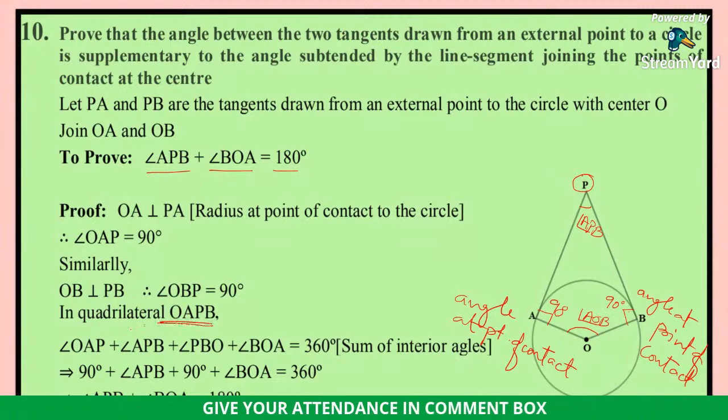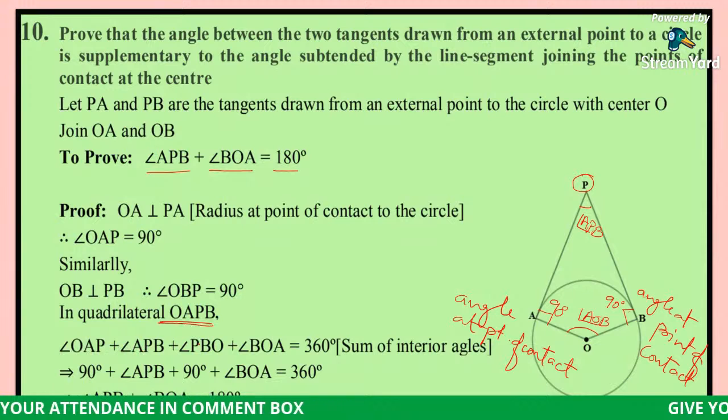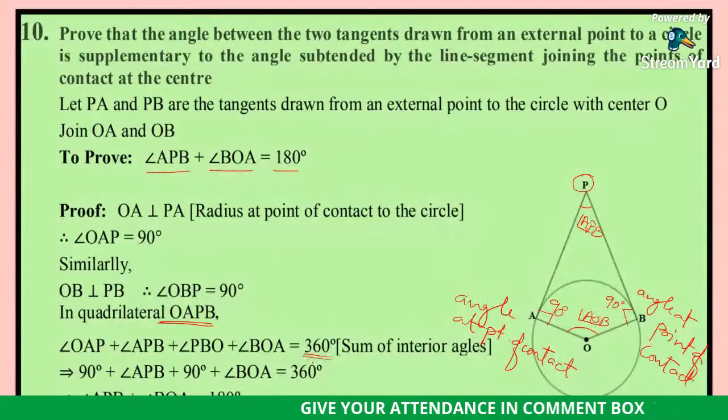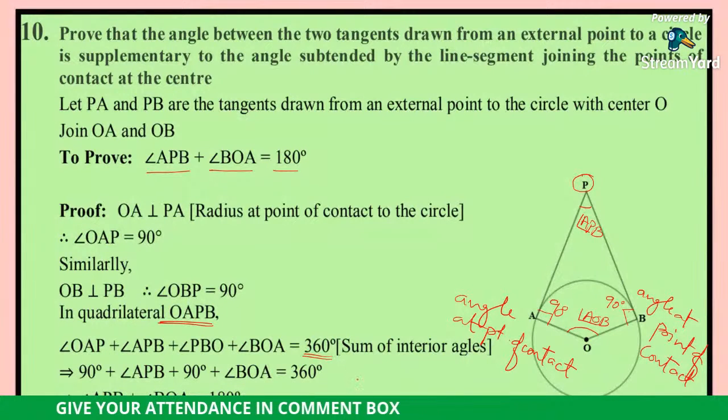PB, angle OAP plus angle APB plus angle PBO plus angle AOB is equal to 360. It is by the property of quadrilaterals, the sum of all the four interior angles will be 360.